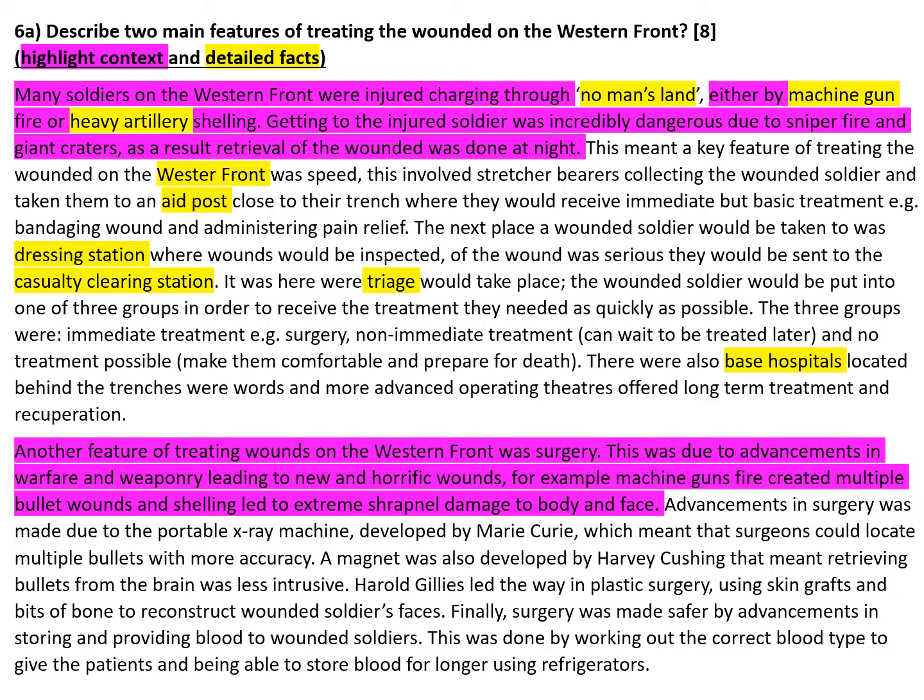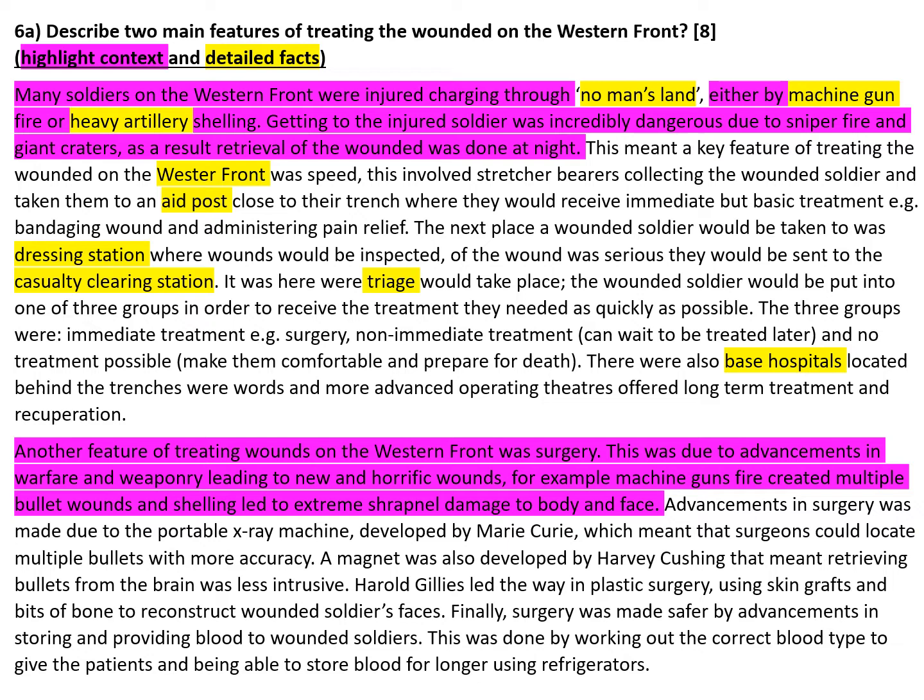A lot of you just went triage. A lot of you just went shell shock. Try and put them into themes, and then you've got loads of examples that you can use to describe and flesh out that paragraph rather than just say, they use triage, here is a sentence on triage, and how am I supposed to get 8 marks for that?